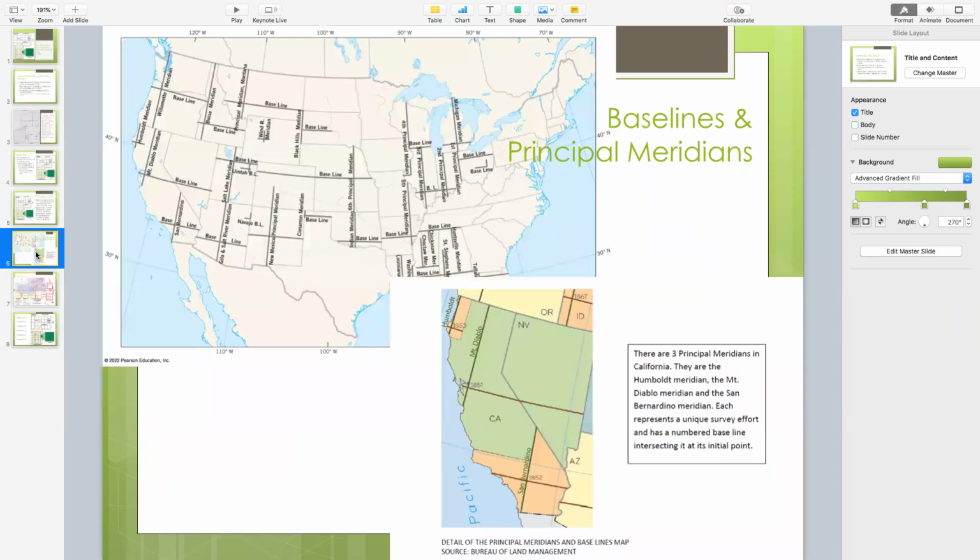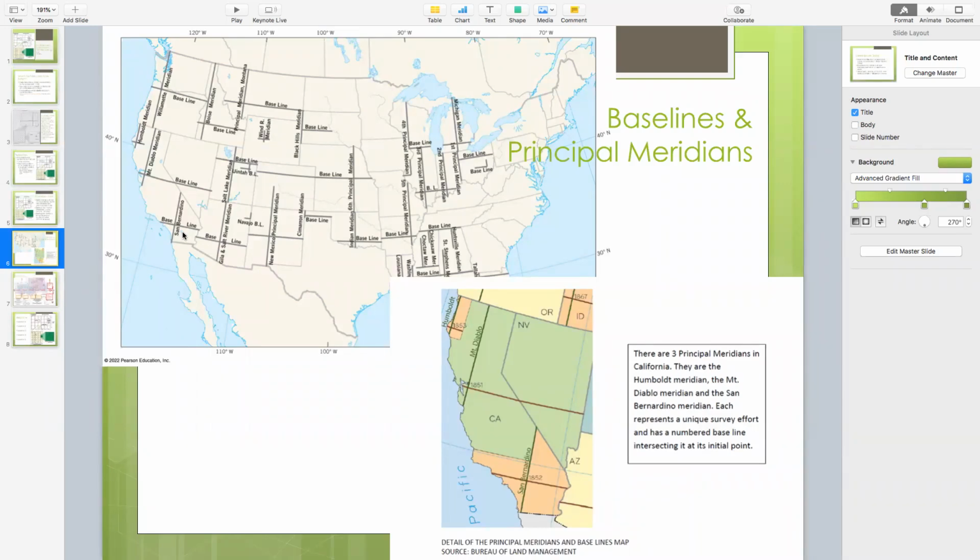So in your lab book on page 212, you have this map of the US Public Land Survey System showing our baselines and principal meridians throughout the US. And if we look here in Southern California, you can see that there is a baseline and a principal meridian named San Bernardino. Sounds familiar.